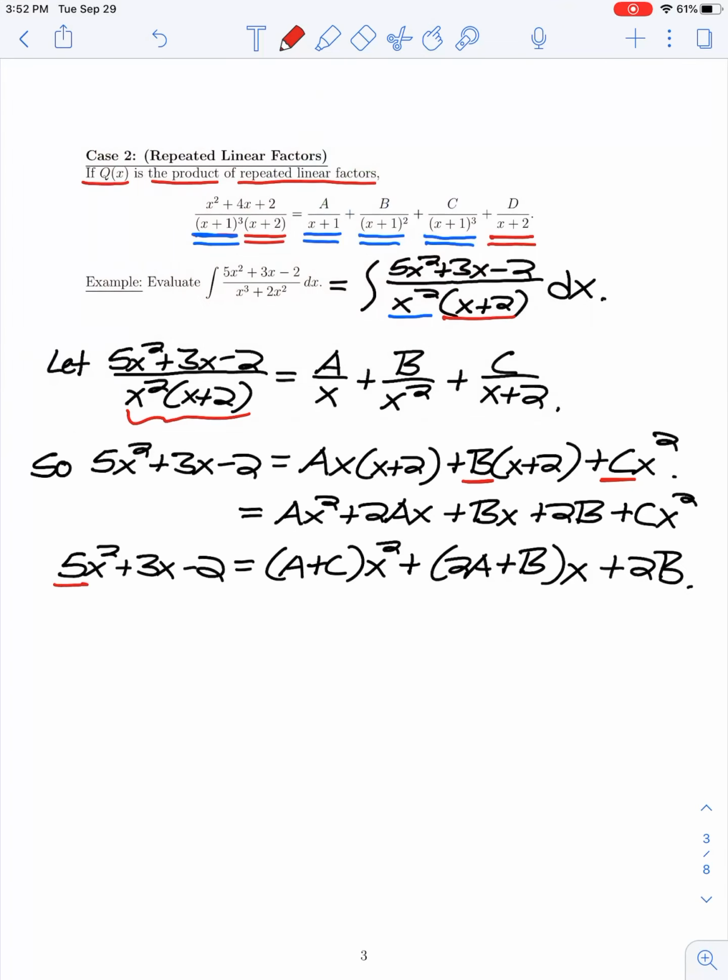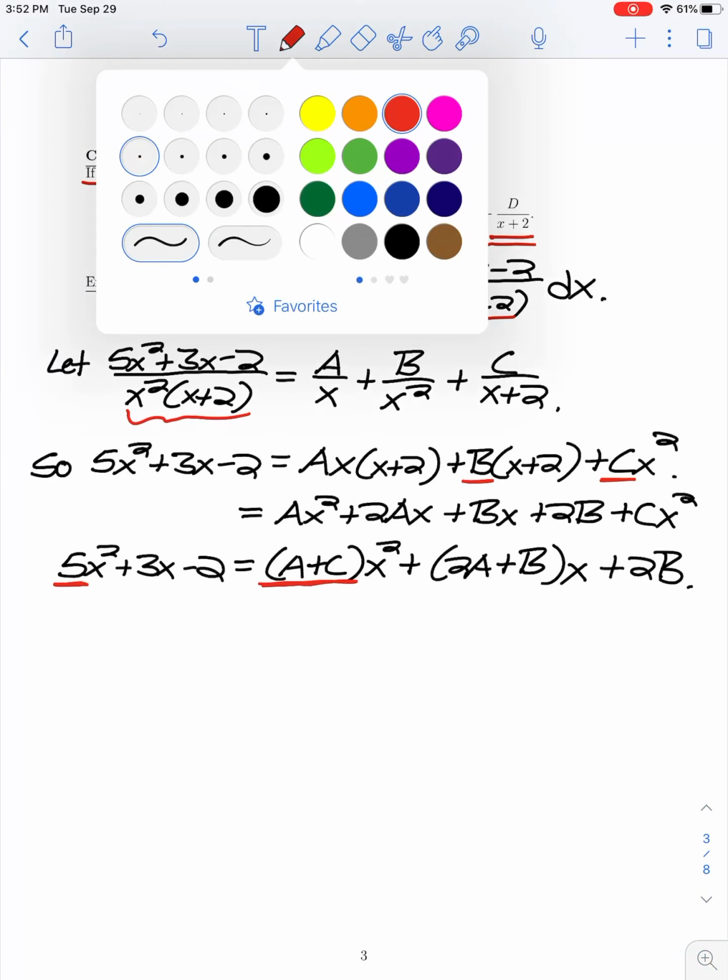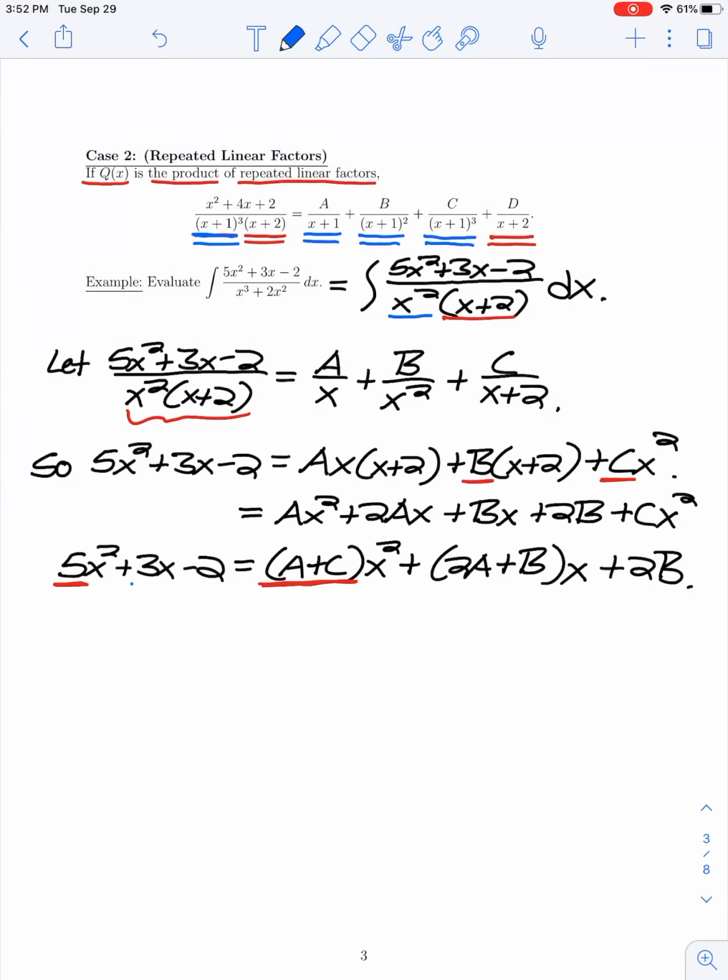That is, the coefficient of x squared, which was 5 on the left-hand side, must equal a plus c, the coefficient for x squared on my right-hand side. The coefficient for x on the left-hand side must equal the coefficient for x on the right-hand side. And the constant on the left-hand side must equal the constant coefficient on the right-hand side.